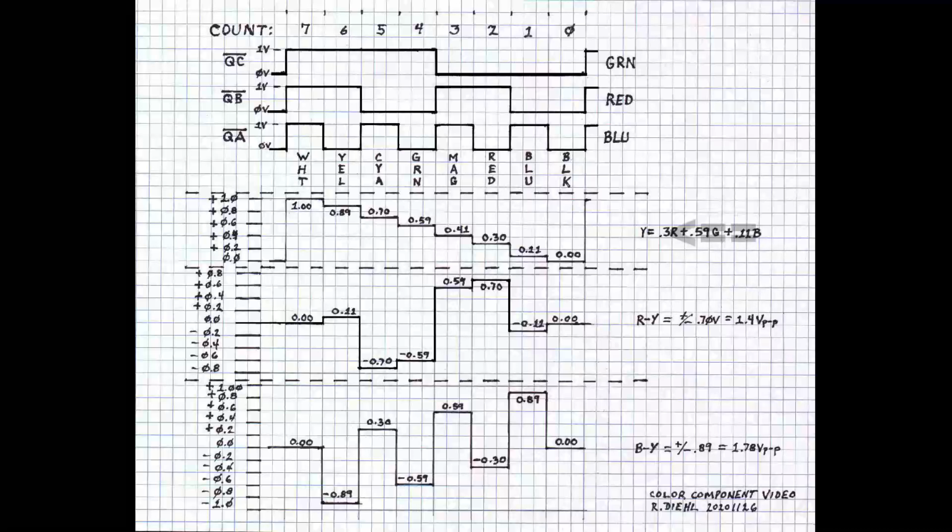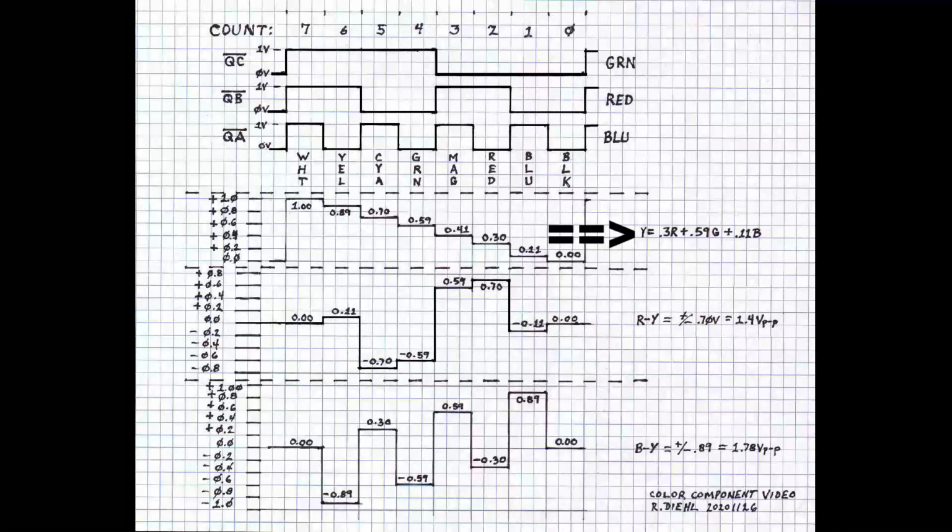And Y is made up of proportions of red, green, and blue added together. Looking at the right side of the Y signal, you see my equation that says Y equals 0.3 red plus 0.59 green plus 0.11 blue. That big word I used in the beginning of this video, coefficients, just means a multiplying factor.